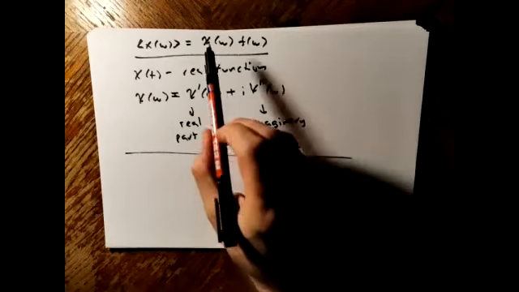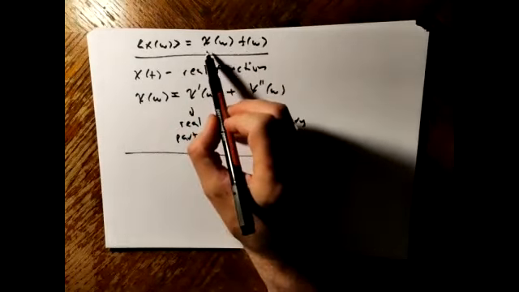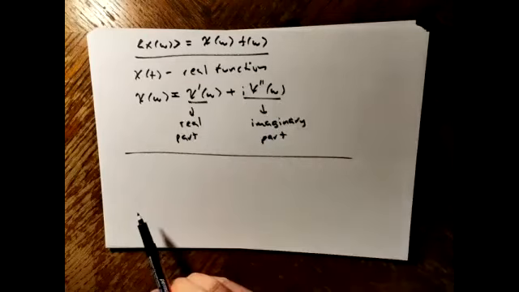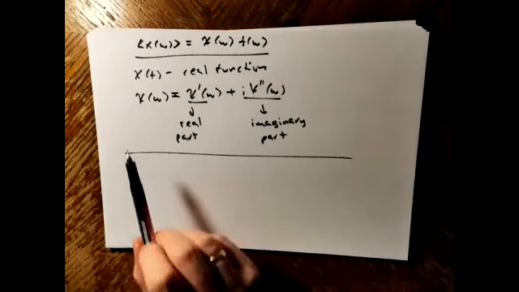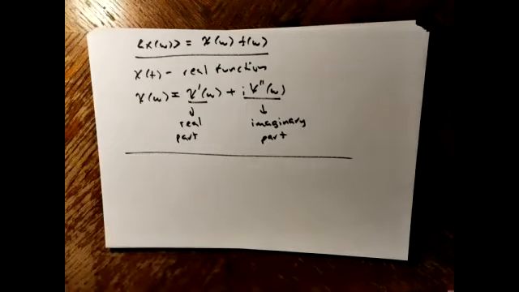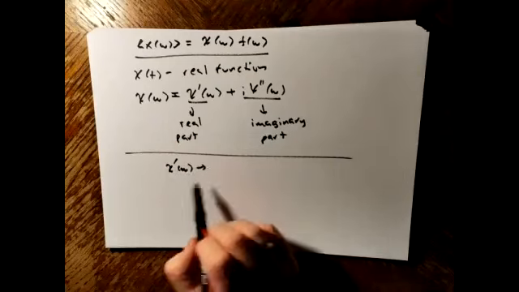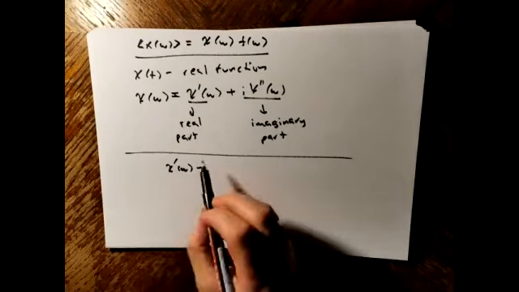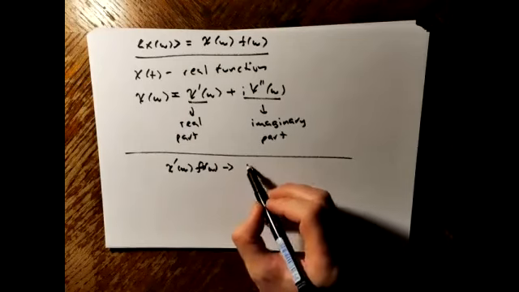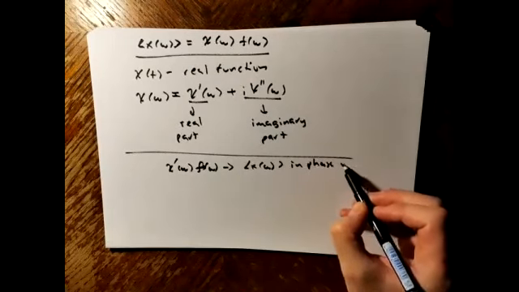So if I go to this relation, what we see is that via the fact that this is real and this is imaginary, that's going to determine whether the displacement is in phase or not with the force. The component chi prime omega times f of omega, here x of omega is going to be in phase with the force.